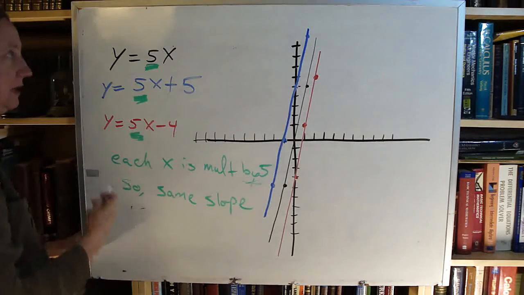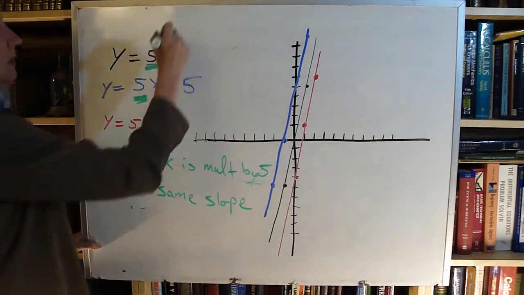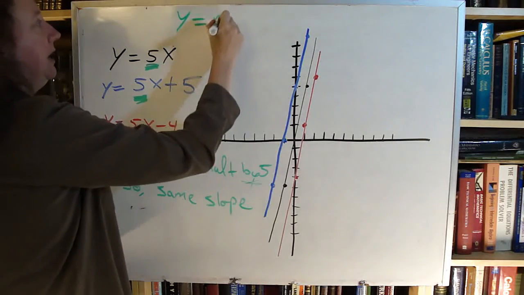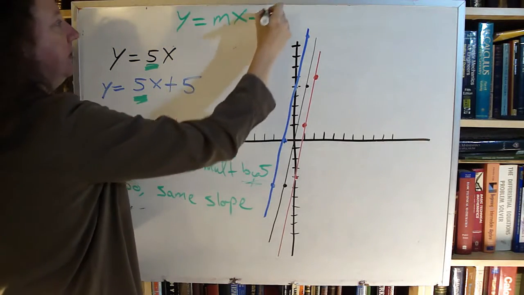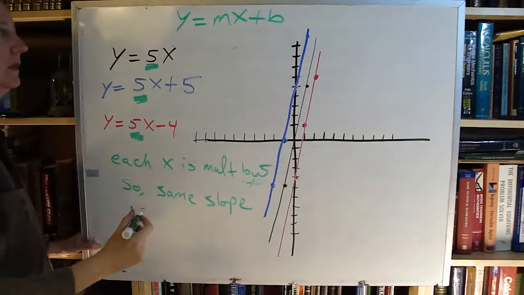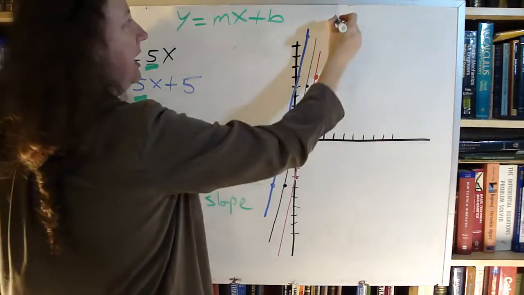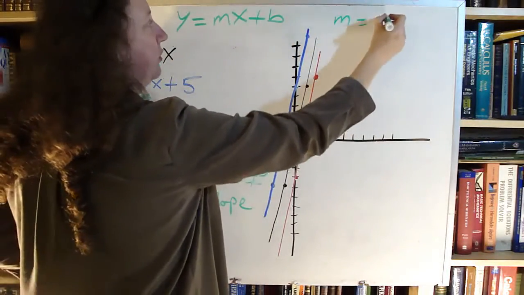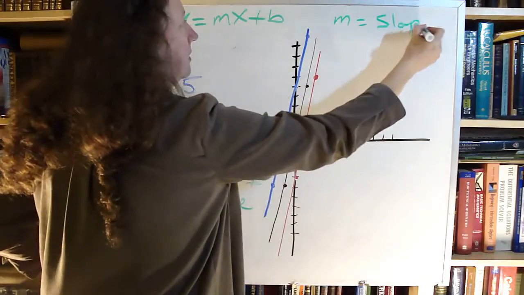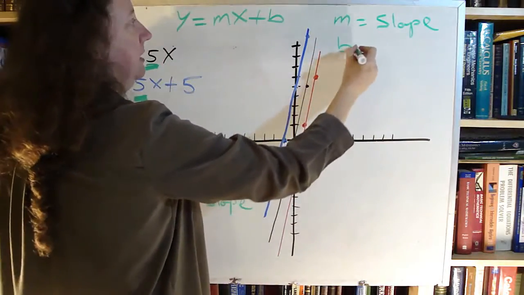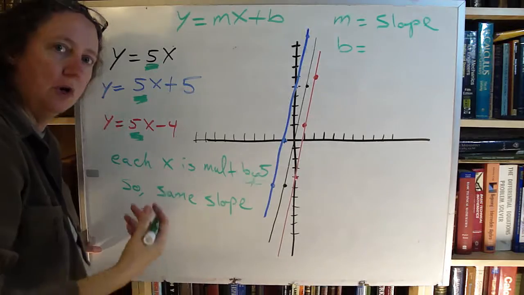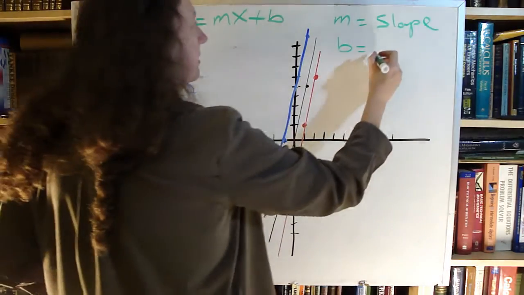We have an equation that you guys need to learn. Y equals mx plus b. In this equation, m is your slope, and b is the y value of the y-intercept.